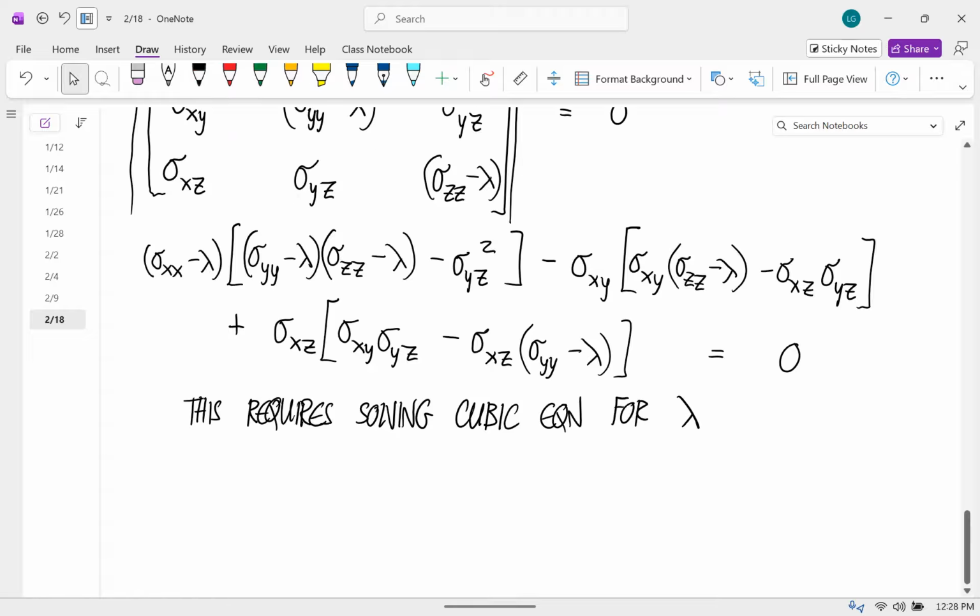And that cubic is going to give 3 answers. And those are the 3 principal stresses.